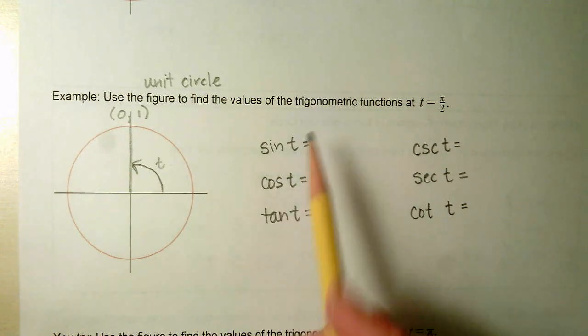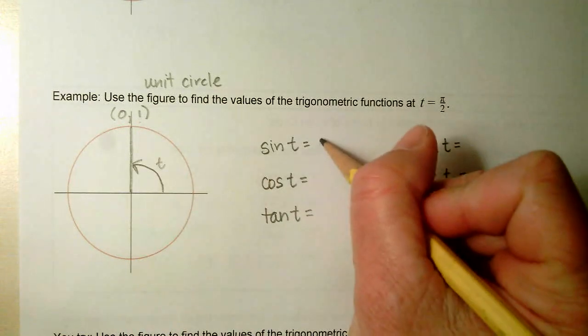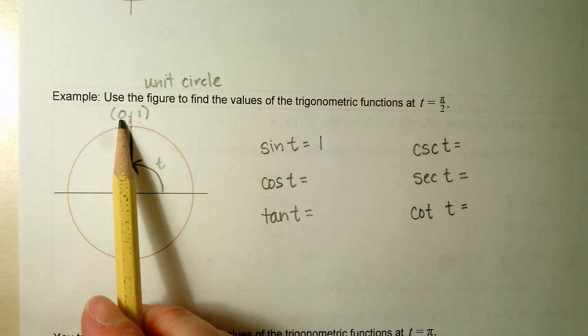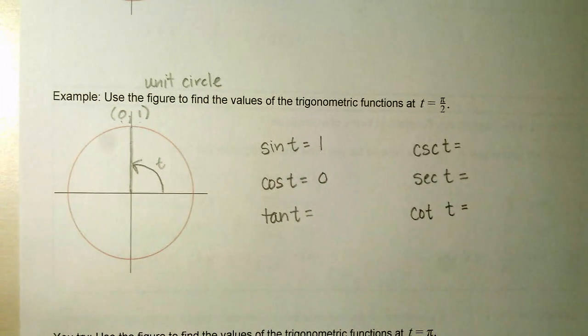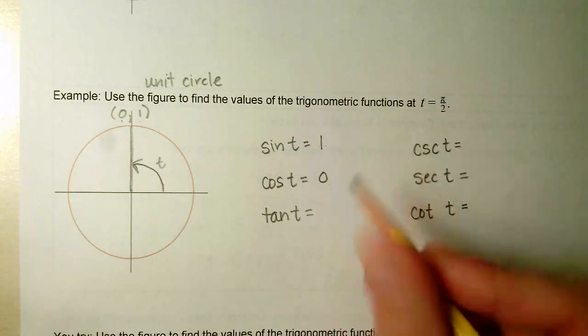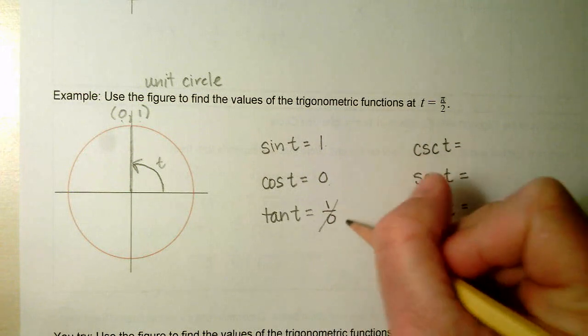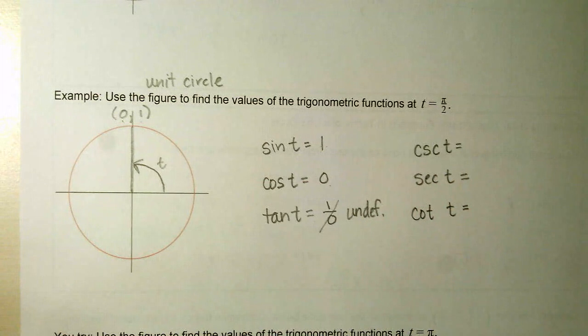My sine of t is always my y value, so it's 1. My cosine of t, on the unit circle, is always my x value, that's 0. My tangent, sine over cosine, is 1 over 0. 1 over 0 is undefined, so we say that the tangent of t is undefined.